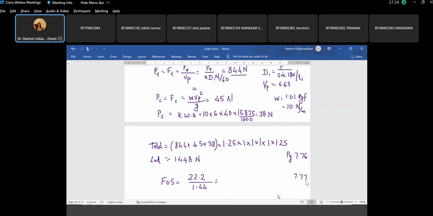For the sprocket with pitch 15.875 and the speed of the smaller sprocket as 1000 rpm, the range for factor of safety is given. Give me this value first. What is this by calculation? 22.2 upon 1.44. This is the factor of safety by calculation. 15.41. Good. Or 15.3.